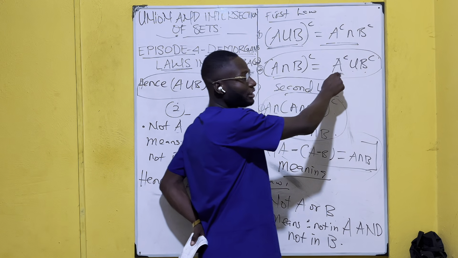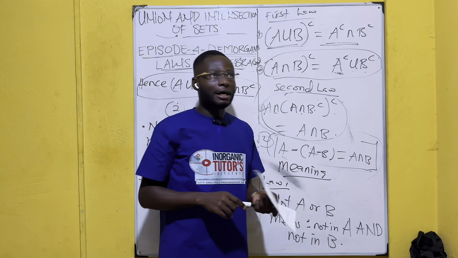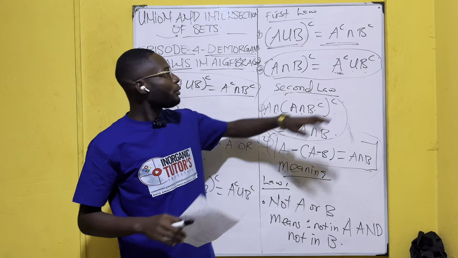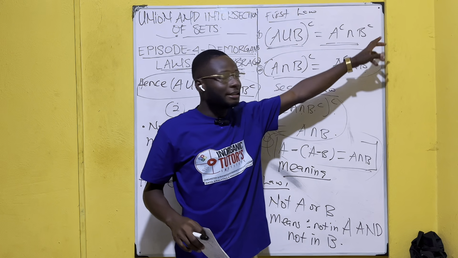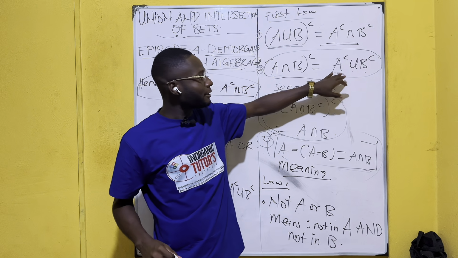So this we see, union is combination, right? So we are saying that not in A or not in B. So that is what this particular means right here.